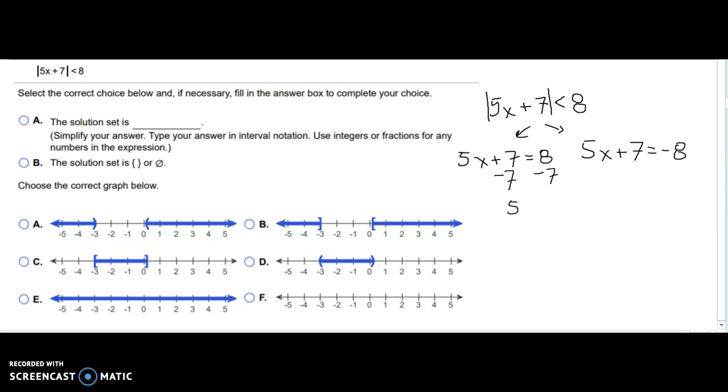Solve. 5x equals 1. Divide by 5. So x could be 1/5, which is just above 0.